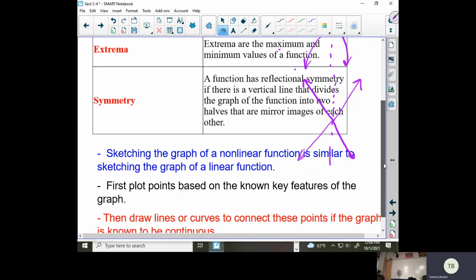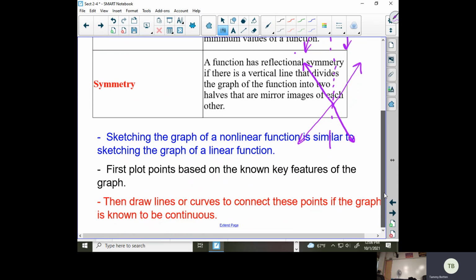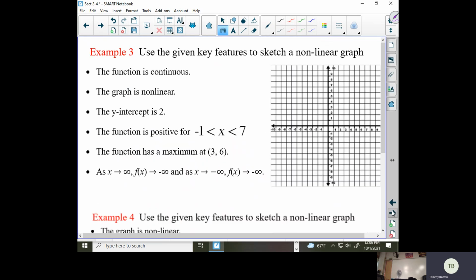All right, so it says sketching the graph of a nonlinear function is similar to sketching the graph of a linear function. First, plot points known as your key features, and then draw your lines or curves to connect these points if it's continuous.